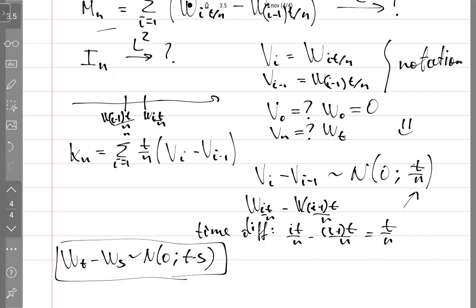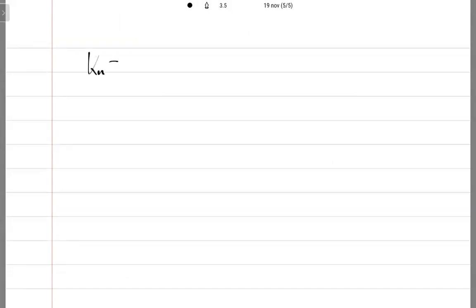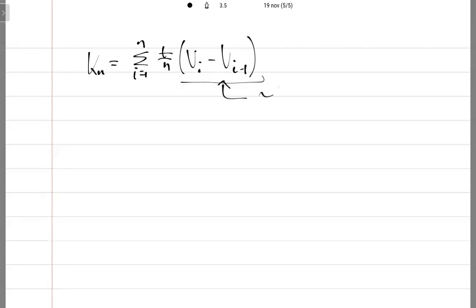Okay, now let's calculate our second limit in L2. We have Kn, which is a sum of scaled differences of the Wiener process. This thing is normally distributed with mean 0 and variance T over n.